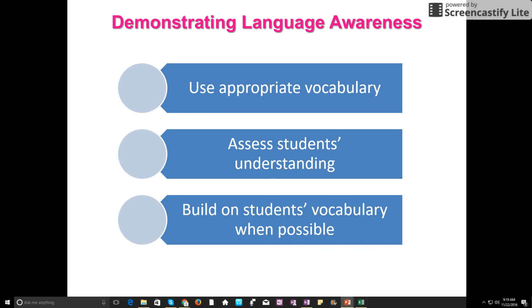Do you know the difference between funny and fun?" And 9 times out of 10, they'll say one is an adjective and one is a noun. And of course, you can build on that and say, yes, funny is an adjective, fun is a noun, but fun can also be an adjective, and then explain how to use that. Again, you're building on this vocabulary and their understanding of it.